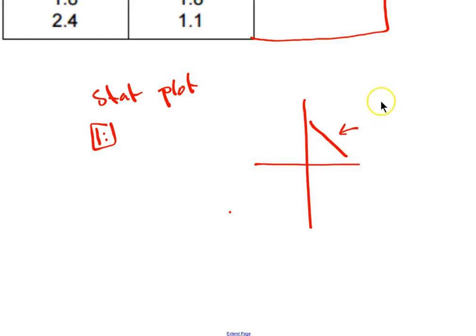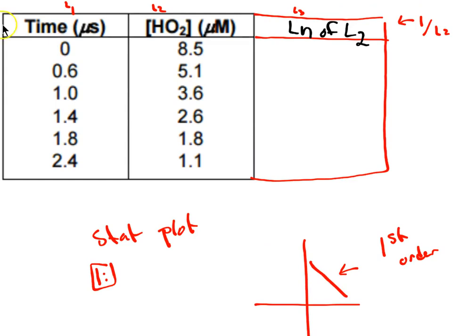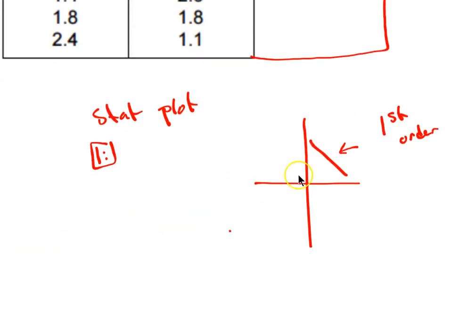It is linear, which means it's first order. Okay? So that's cool. We would now know, what was this? H2O2? Or HO2? We now know that this is a 1. But we also know that the slope equals negative k, correct?